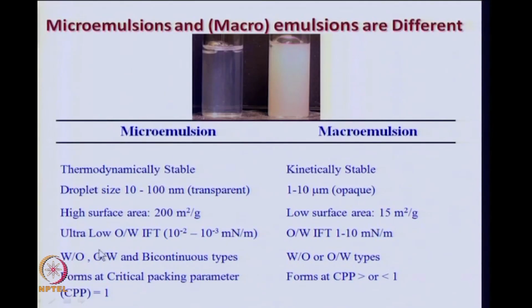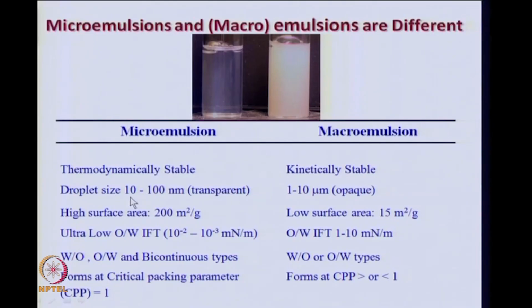And you can form water in oil, that means a very small amount of water droplets surrounded by oil and having surfactants at the interface of water and oil, that is called a water in oil microemulsion. Or you can have an oil in water microemulsion, where the content of oil is very less, and this is present within these spheres, and you can also have bicontinuous types of microemulsions.